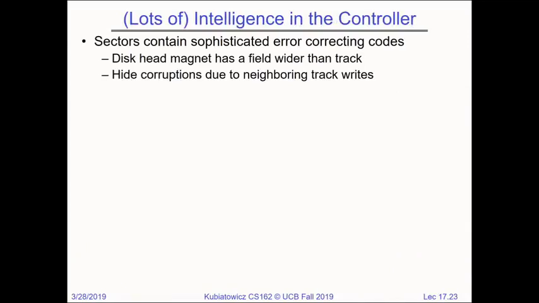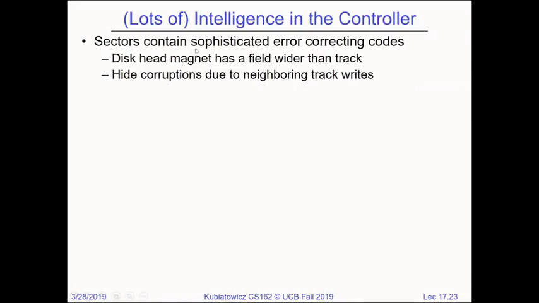So there's lots of intelligence in a modern disk. If you were building an old version of BSD Unix back in the day, what you'd find is the disk device driver subsystem actually talked about moving to certain tracks and certain sectors. And the operating system knew where the data was on the disk. Not today. Today, the controller on the disk knows where the data is.